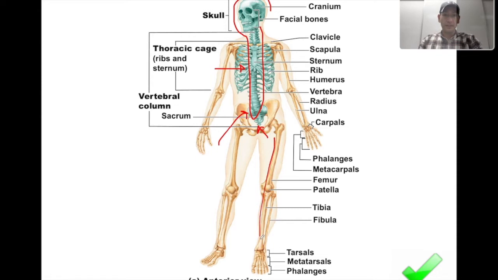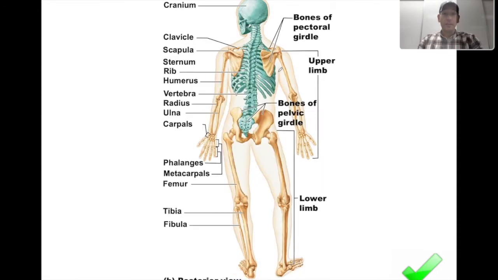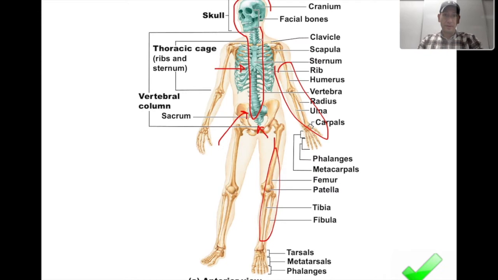So the legs are appendicular, the arms are appendicular, but also the scapula is appendicular. And how do you remember that? Well, it's attached to the arm, and the arm is appendicular, so the scapula is appendicular. And there's another bone anterior here, that's the clavicle.